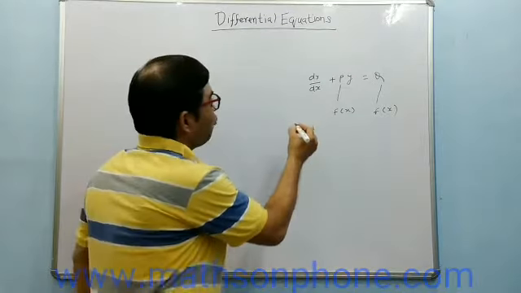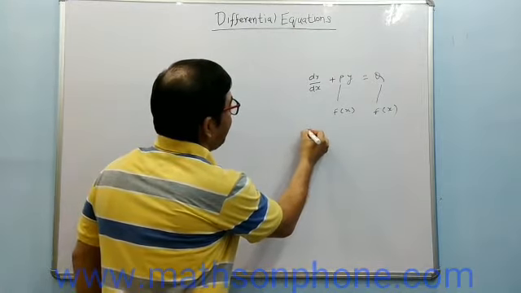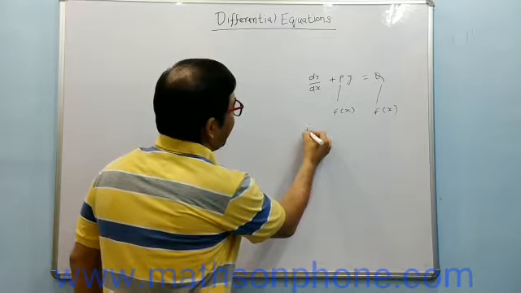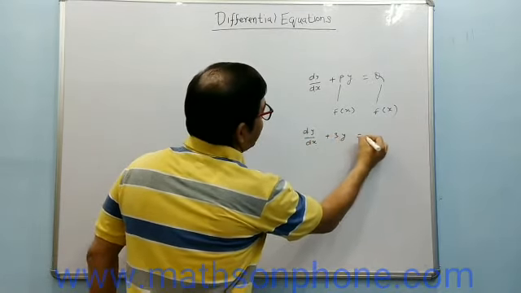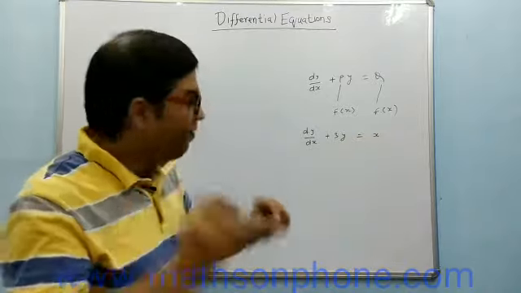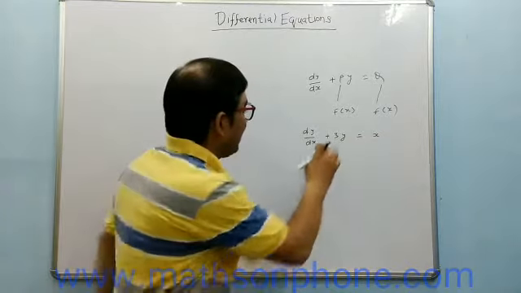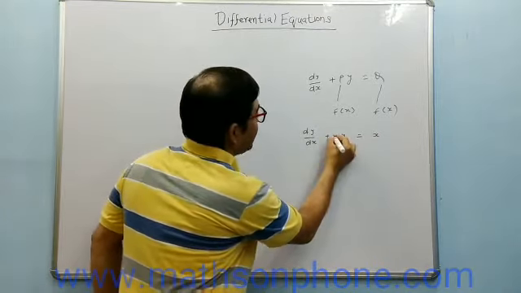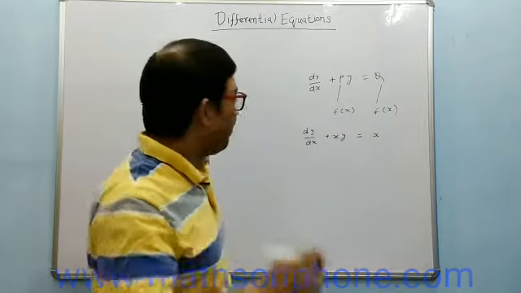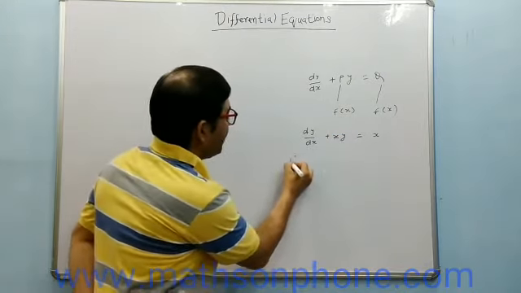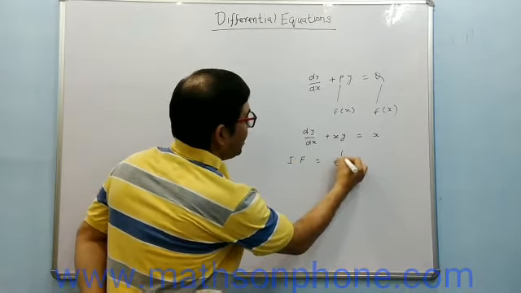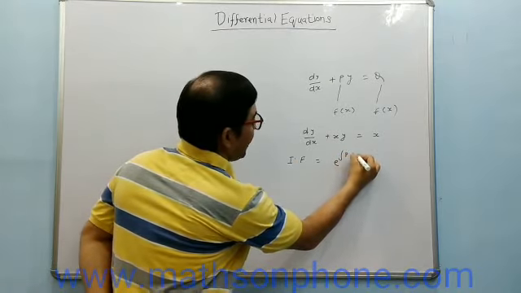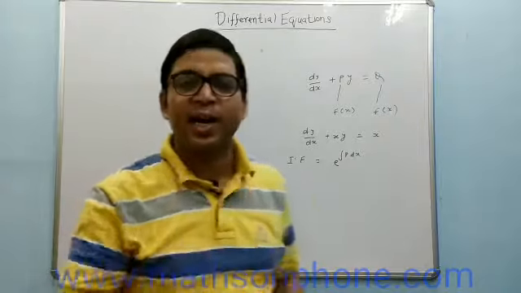See here, how to find the IF? One example I am taking: dy by dx plus 3y is equal to x. So IF is taken as e to the power integration of p dx. This is the standard IF.